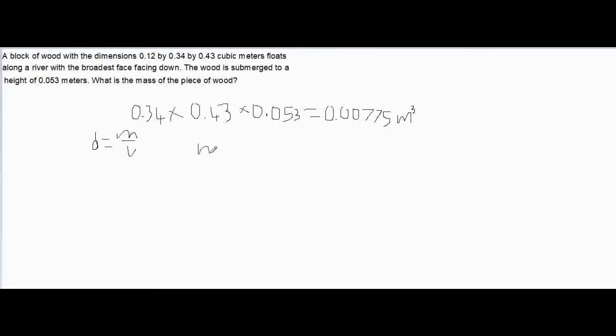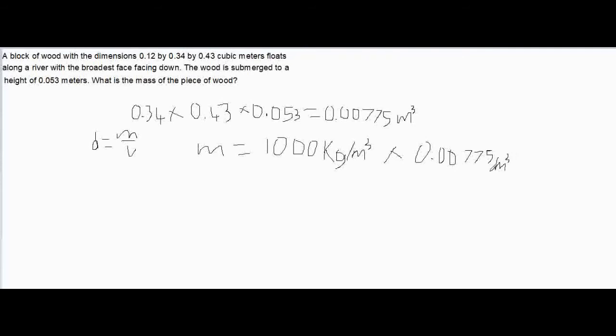So mass is going to equal the density of water, which is 1000 kilograms per cubic meter, times the volume here, which is 0.00775 cubic meters.